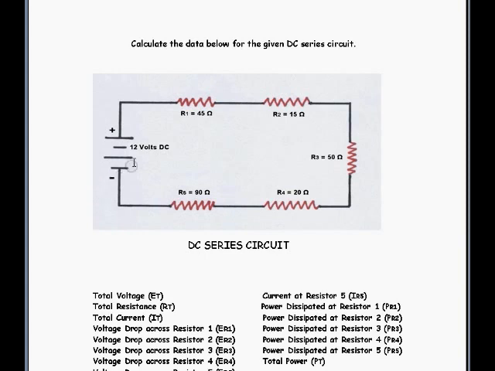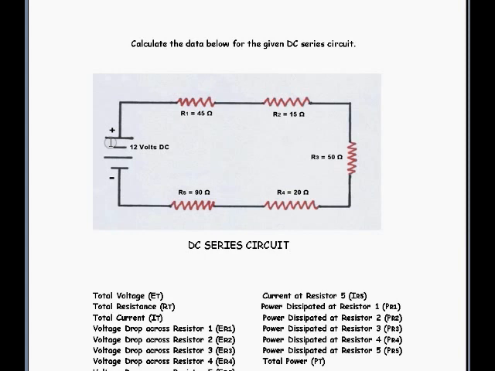The DC power source could be a battery, or it could be an alternator converting AC power to DC power. It could be an AC power source in a wall outlet, then rectified through a diode, then converted to DC, and then sent through a transformer and made into a specific DC voltage and total amperes. Whatever the source is, it's represented by the positive and negative symbols denoting a DC power source.